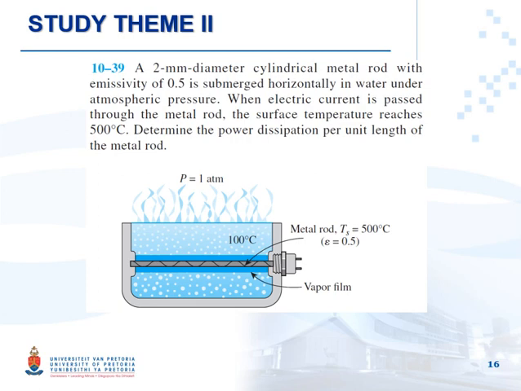Why emissivity? We said that for film boiling, we can't neglect the effect of radiation, so we have emissivity. We have the temperature. So now we want to find the power.